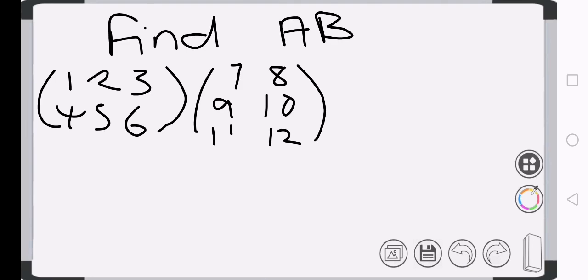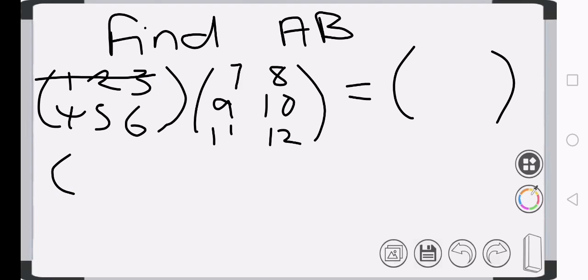So you need to pair up to find solutions of these matrices. So this will be equal to, we have to fill up that matrix. So it will be this row by this column.